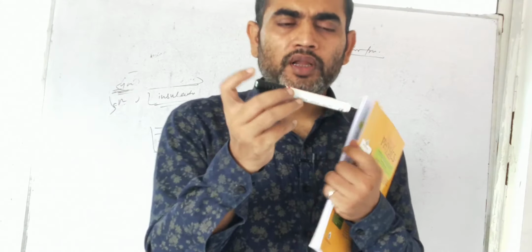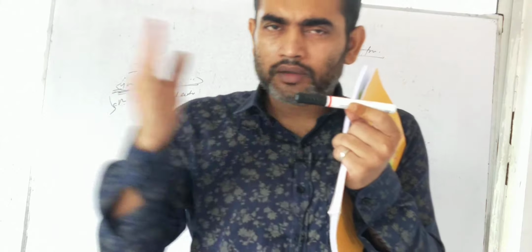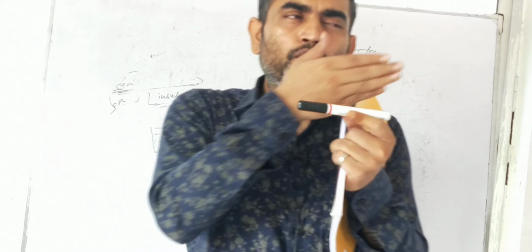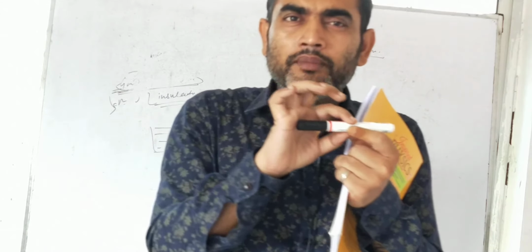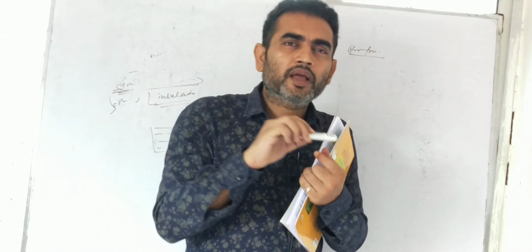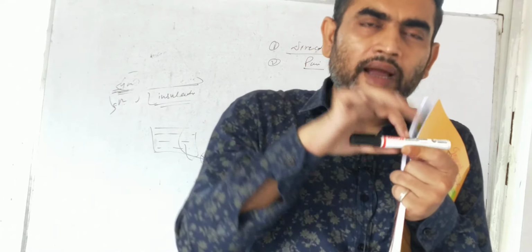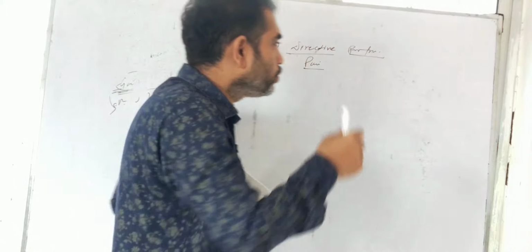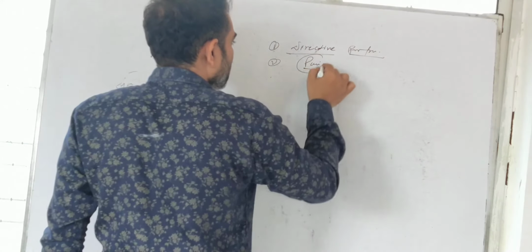This one is the north pole and this one is the south pole. If you break it, the half piece will not have only one pole. Whenever a magnet is broken, at the end where we break it two poles automatically develop. So a magnet always has its poles in pairs.